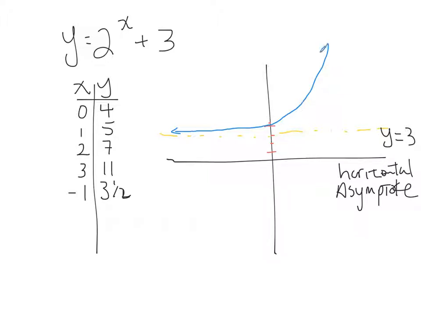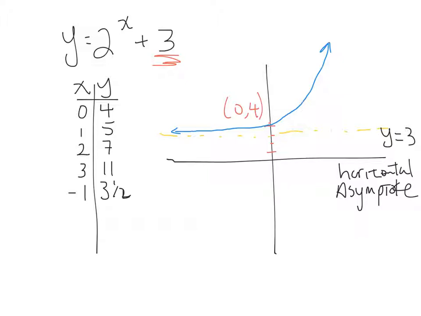So we now have a graph that looks very similar, but its y-intercept is (0, 4) because it's been shifted up 3 by c. Now obviously if this was y equals 2 to the x minus 3, this whole graph would be dropped 3 below the axis, and your horizontal asymptote would be y equals negative 3.